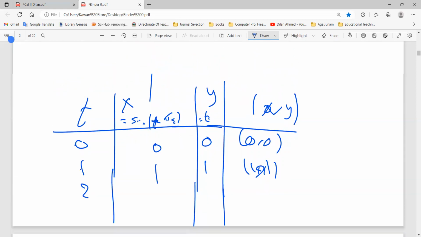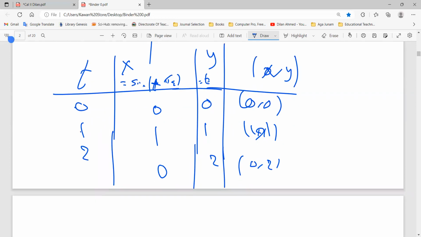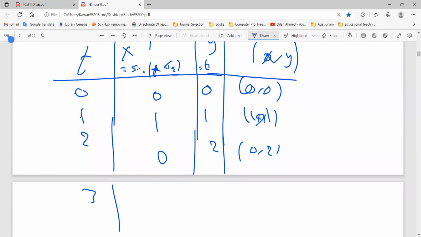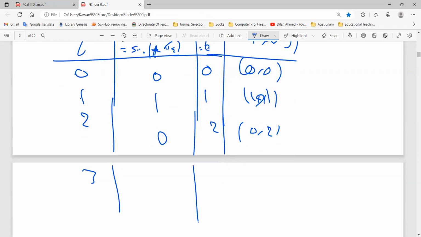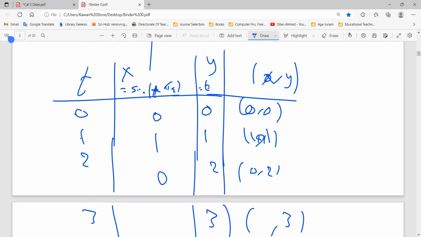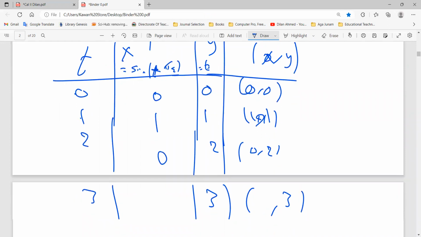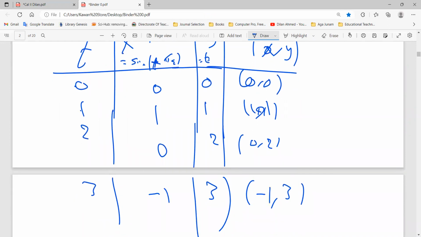If I put 2, y will be 2, and x is sine of pi, which is 0. So it will be 0 and 2. If I put 3, y is 3, and x is sine of 3 pi over 2, which is minus 1. So here we are, and go on.